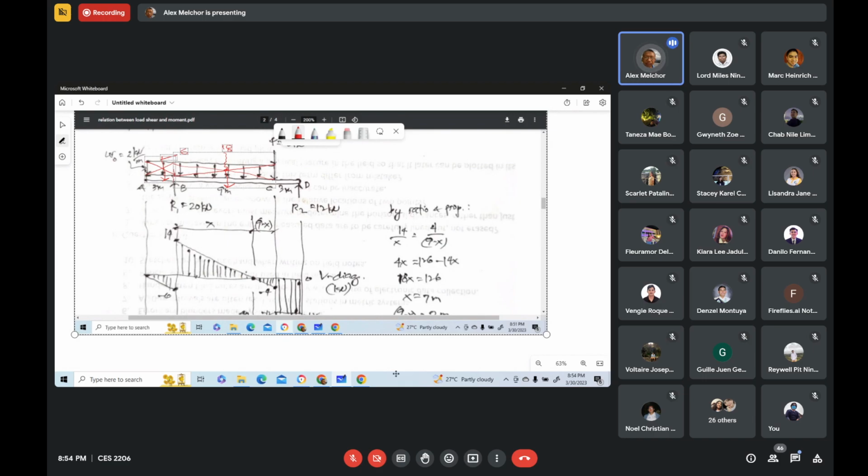Now to connect the points, we use the equation: the intensity of the load is equal to the slope of the shear diagram. So this is the relation between the load and the shear.